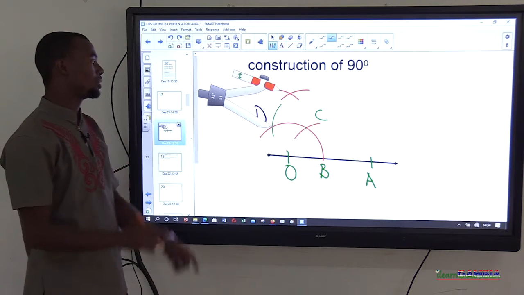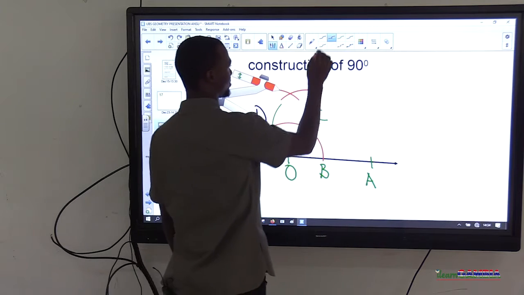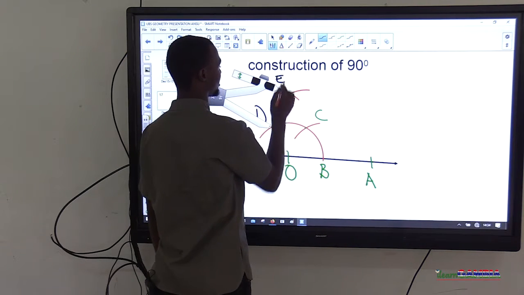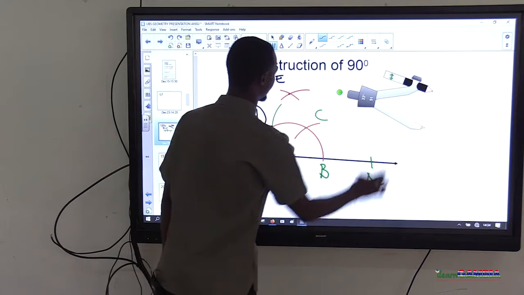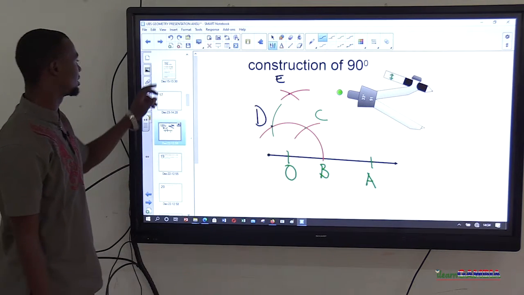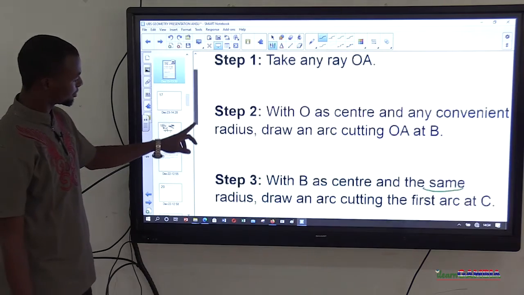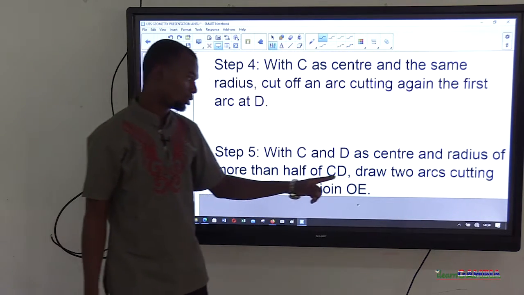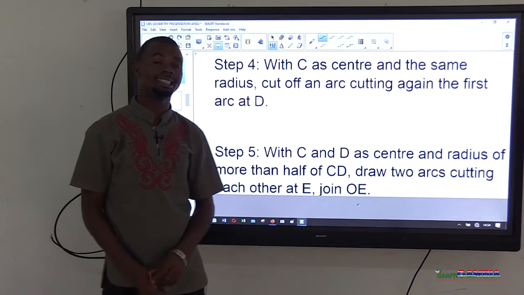The two arcs cut each other at E. The point of intersection of the arcs is E.